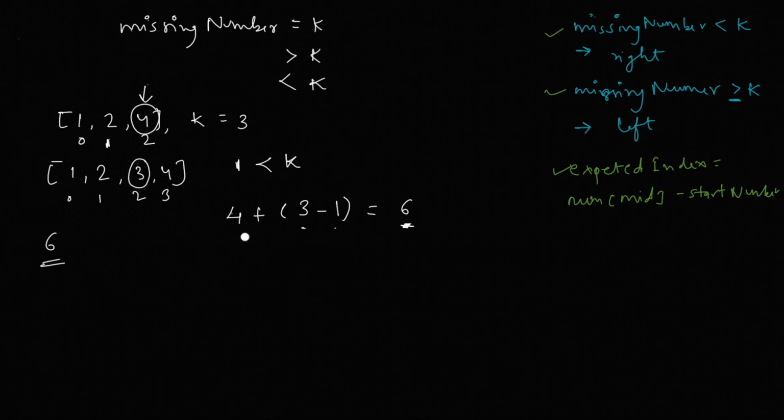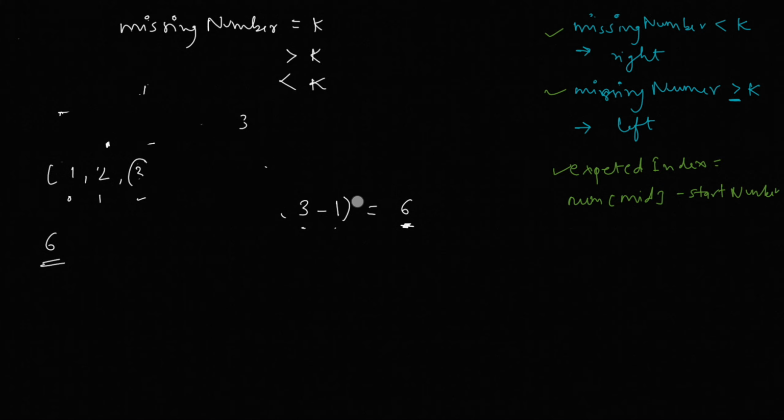So this is one case, where if the missing number is smaller than k, you want to do this. What do you want to do if it's equal to or greater than k? Let's look at one more example, and that should cover the third case of equal to as well, or whichever condition the next example covers.